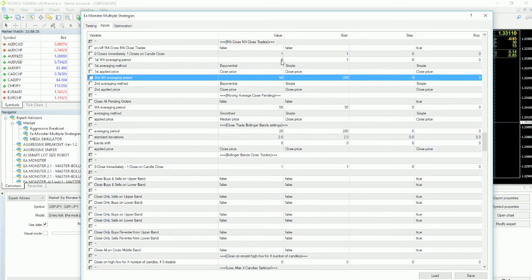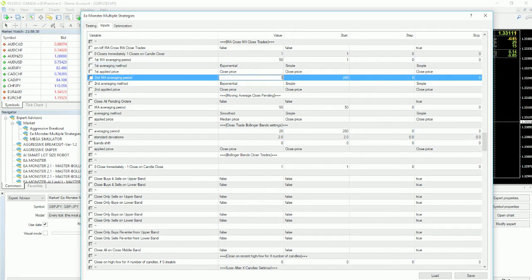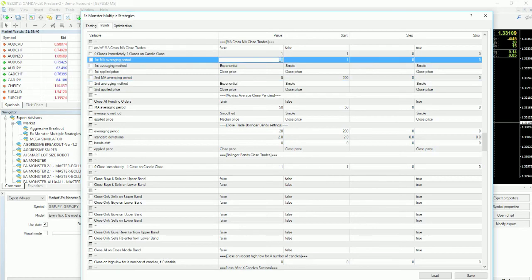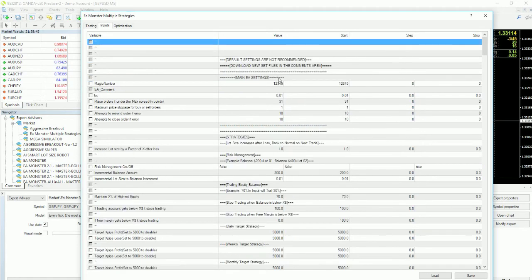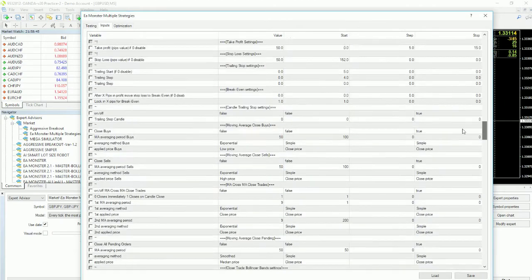Now if you want to do it a little bit differently, the other way too, you could do reverse trades, or you could change this to 50, make this 9, so that it will close inversely, if you get my drift. If it doesn't make sense, don't worry about it.